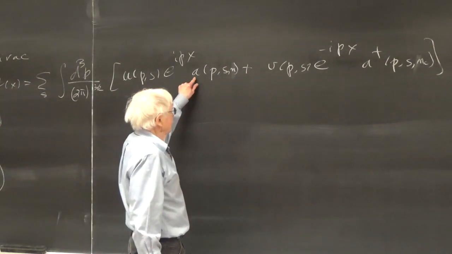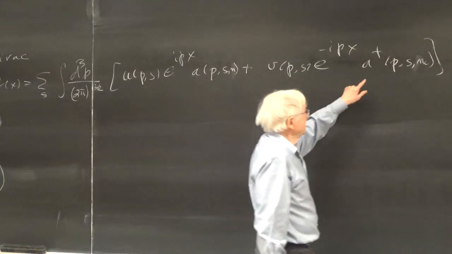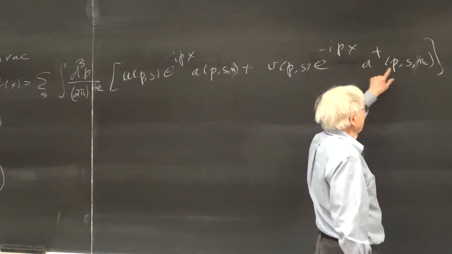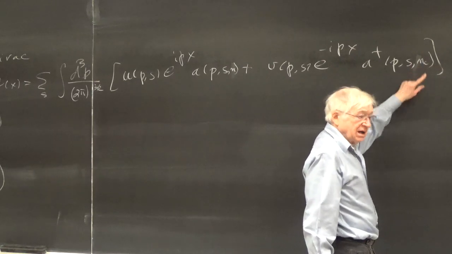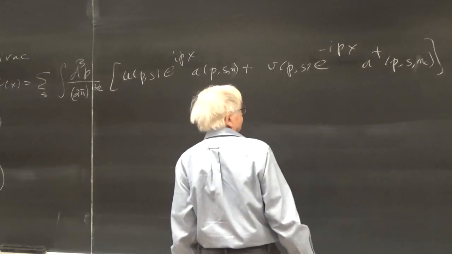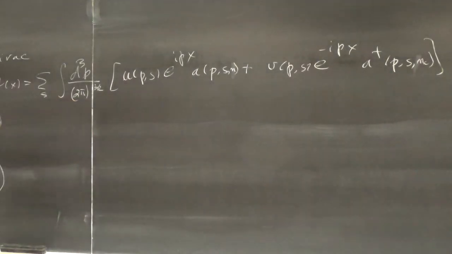So this is the annihilation operator, for example, for a red up quark. This is the creation operator for a red anti-quark, as opposed to the creation operator for a red quark. Those are two different particles, two different things.